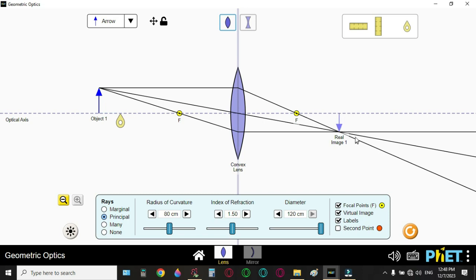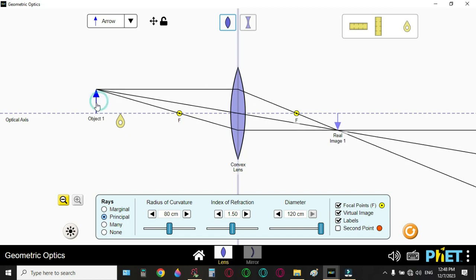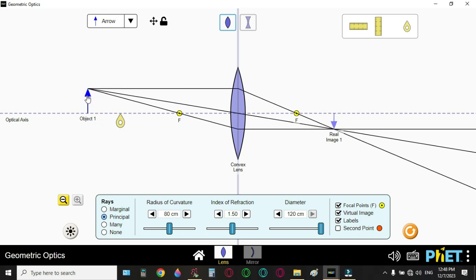So let's discuss this particular example. Okay, so let us talk about the location of the object. So this is object one. This point here is the center of curvature.